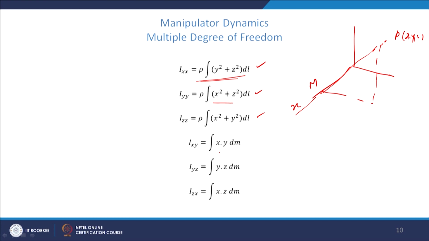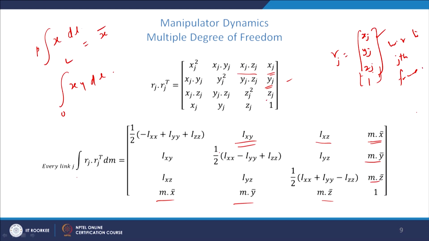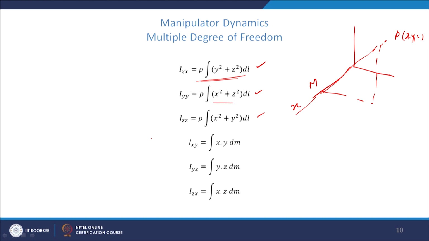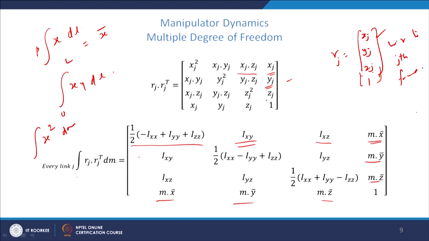So we can easily see from this calculation, the integral of only x square if we take into dm, that is given by this expression. If you substitute for Ixx, Iyy, Izz, this quantity divided by 2 will give only the first integral. So simply the integral of Rj Rj transpose is given by this matrix, which is called the inertia matrix.